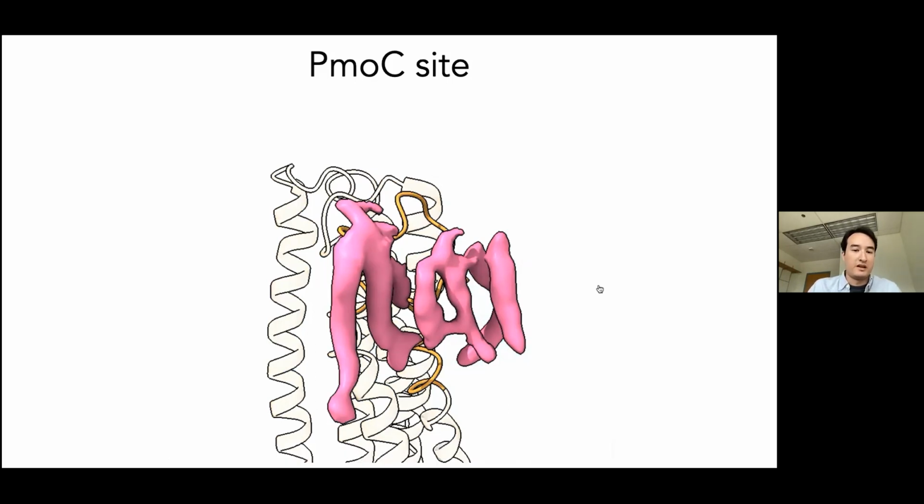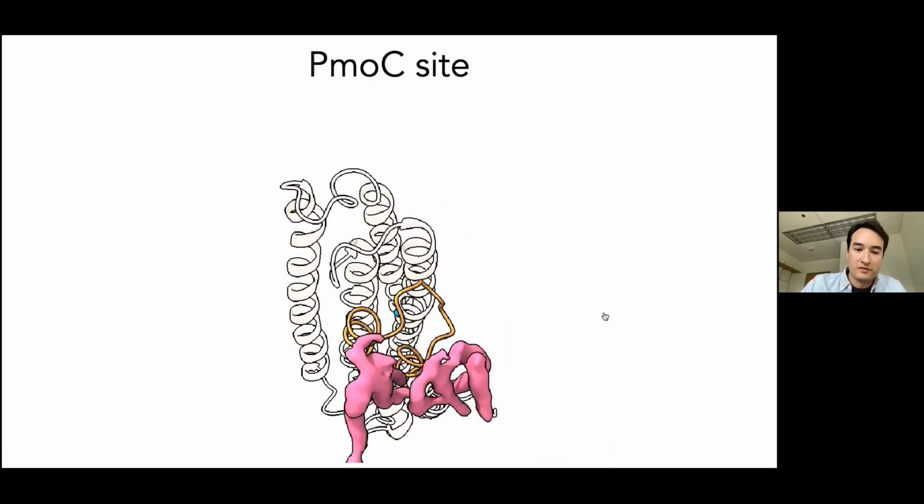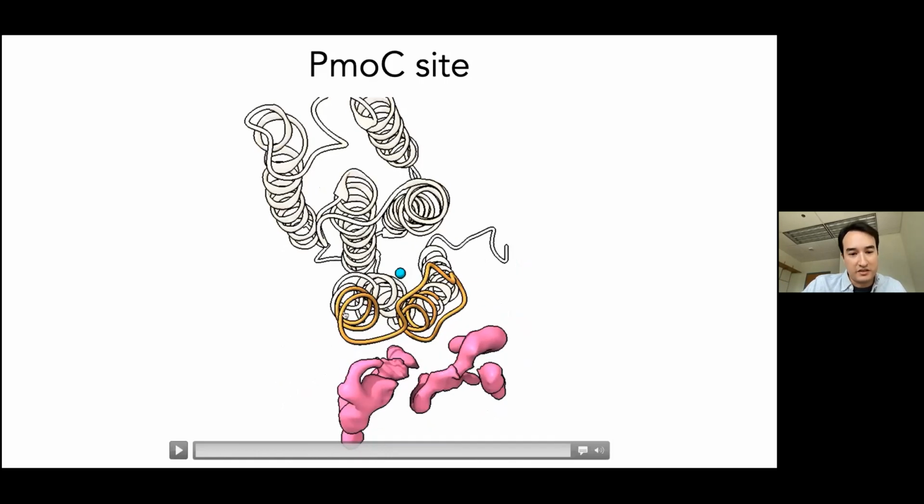So if we take another look at it, we can see how the bilayer basically helps fold up this region, and then also how the previously unmodeled residues form this 4-helix bundle at the copper, stabilized by the interior lipids.